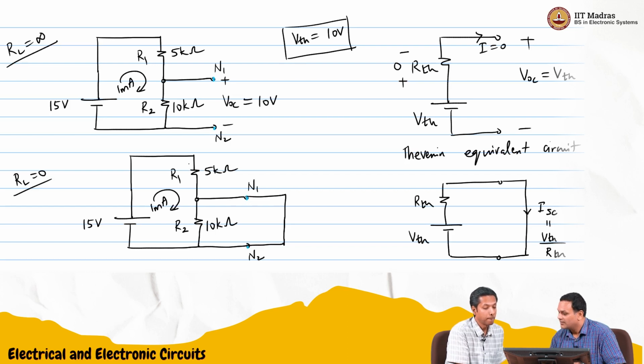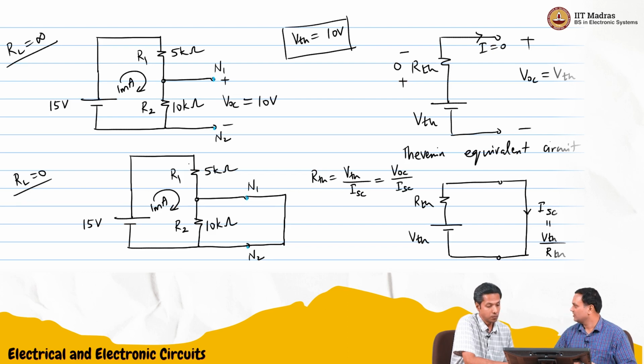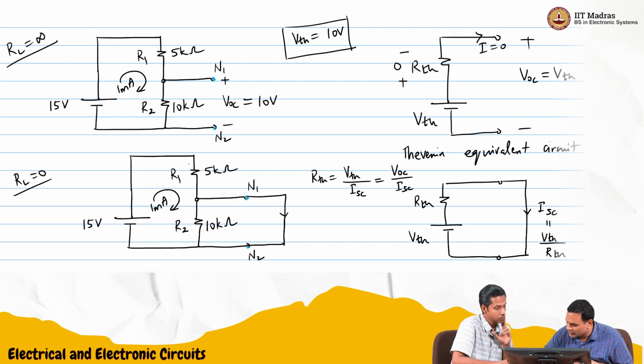So RTH is nothing but VTH over the short circuit current. In fact, that is basically the open circuit voltage by the short circuit current.